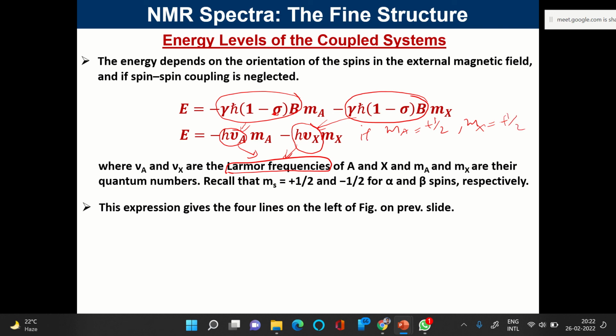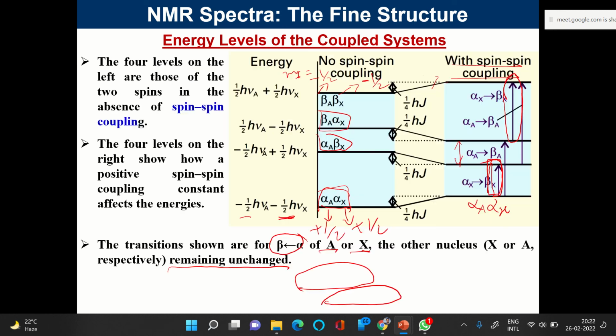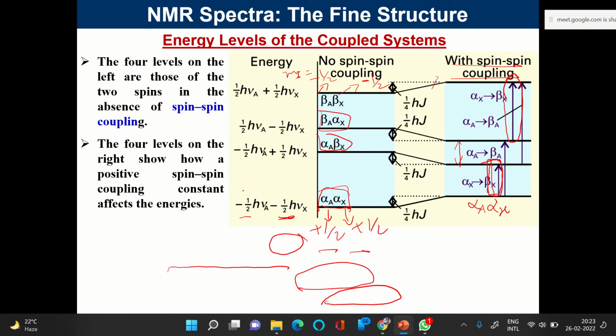In this case E will be equal to minus half h nu A minus half h nu X. This is what we found in the previous slide, so see how this originated.